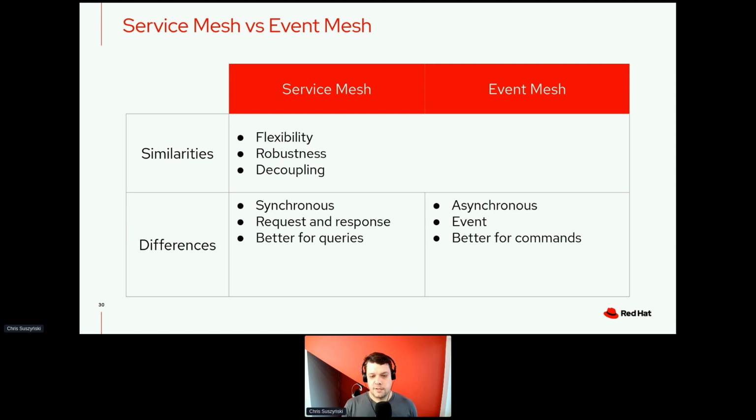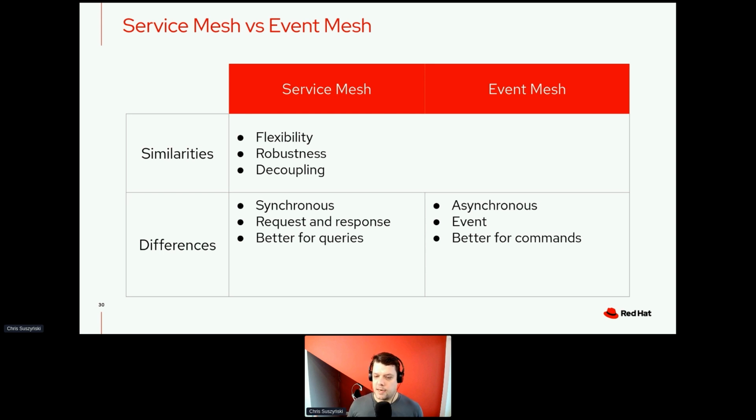The service mesh is for synchronous requests and responses. So we have something that is blocking, and we are calling some service and we would like to have the response from that service. This is the concept of the service mesh, and then we would have retries and all the things that service meshes could do for us.